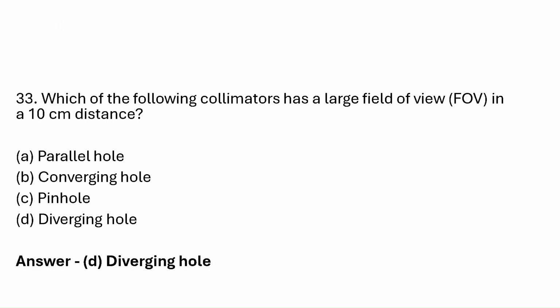For a large field of view, as I already explained, the field of view will be enlarged in the case of a diverging hole. So the right answer will be diverging hole.